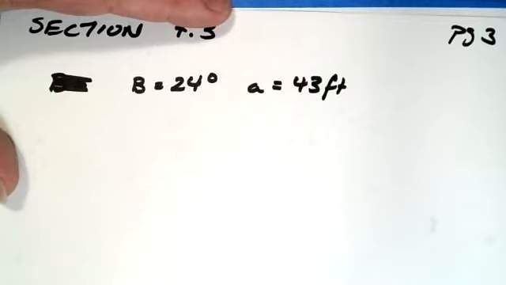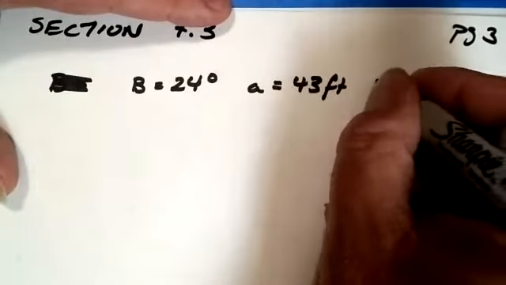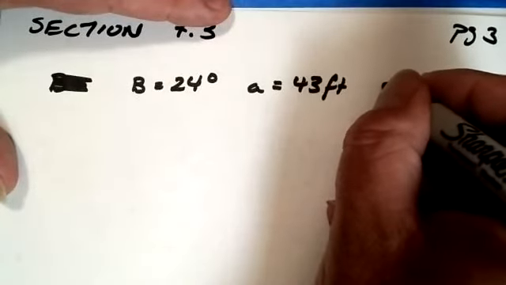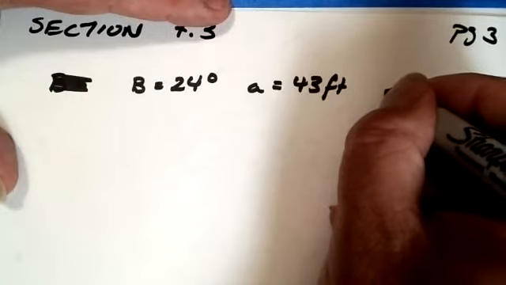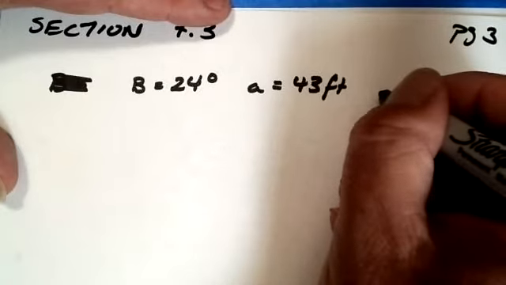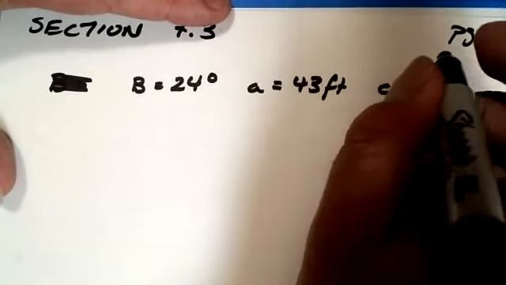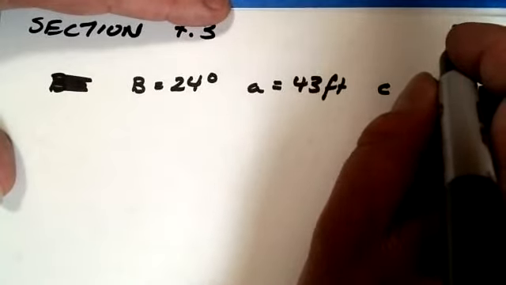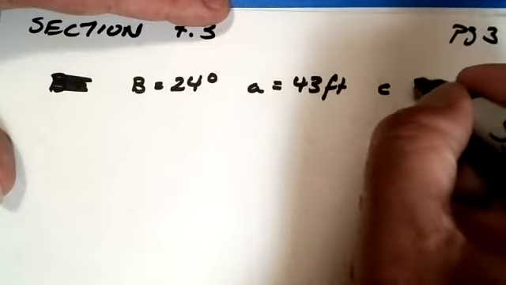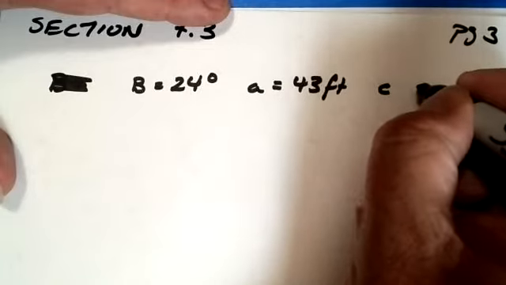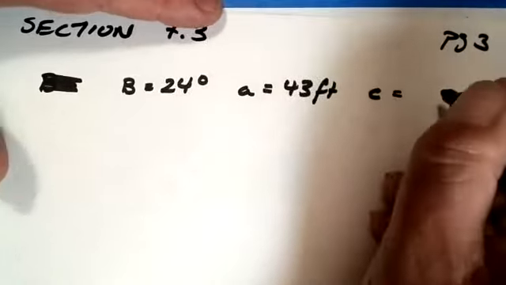I'm just trying to make this up on the fly. Sine times 43, so it needs to be a little bit more than 17, but less than 43. Let's make side C very, very large.